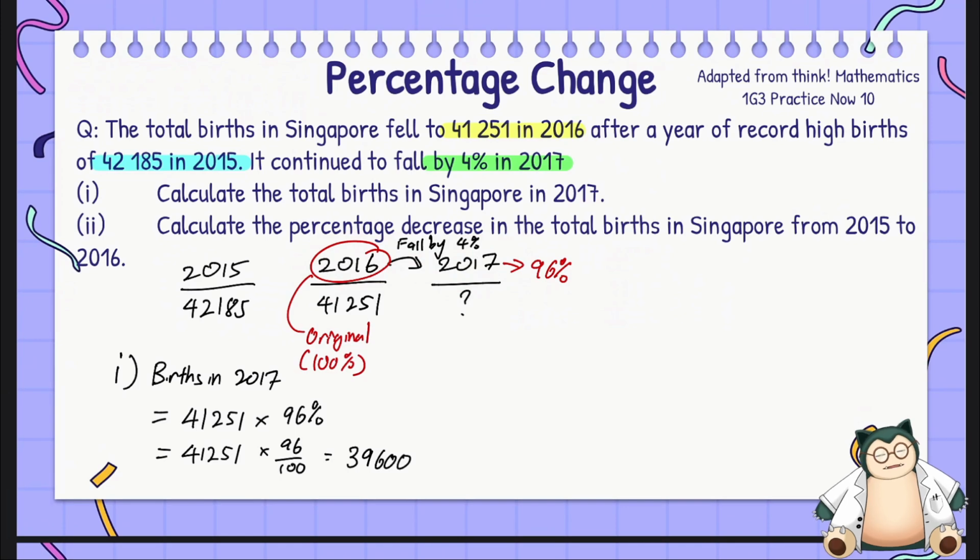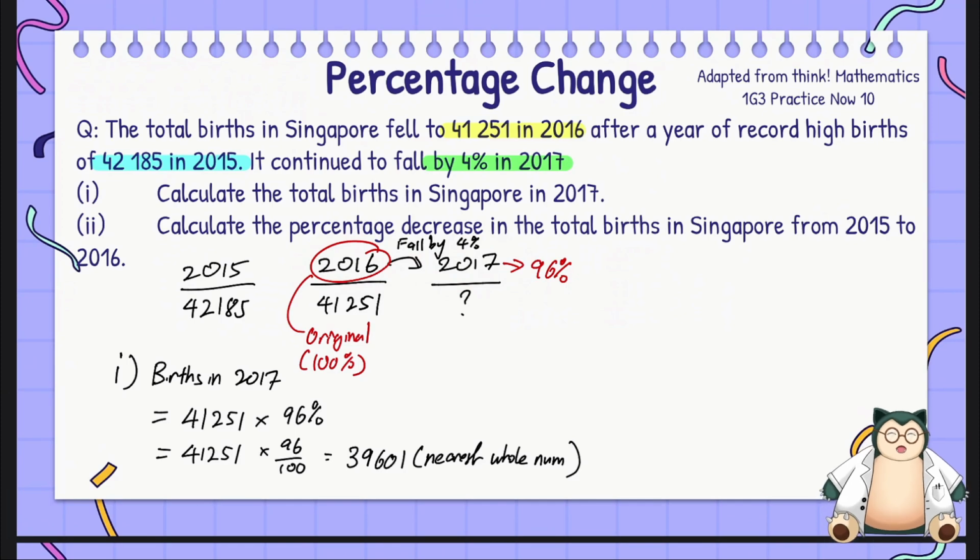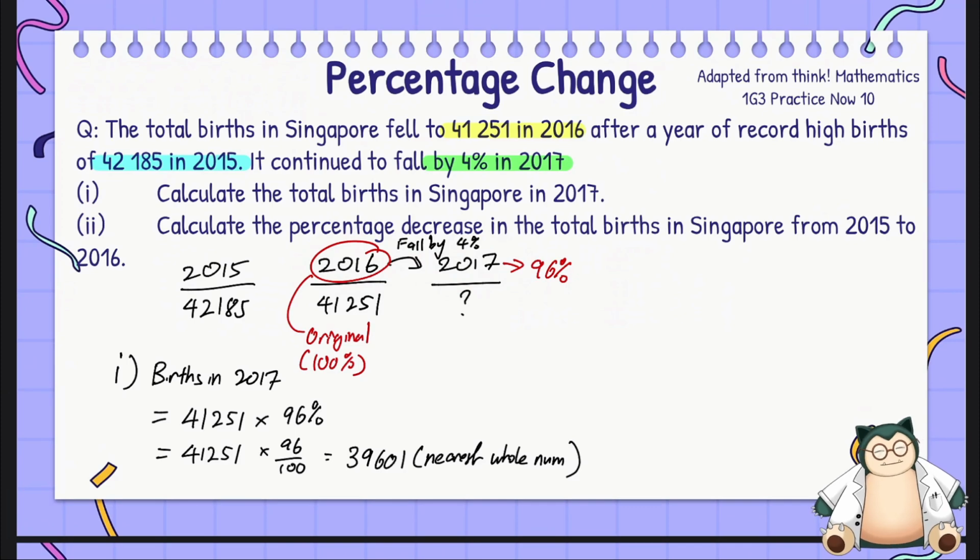We round it off to the nearest whole number, since we are not able to have a fraction of a birth.